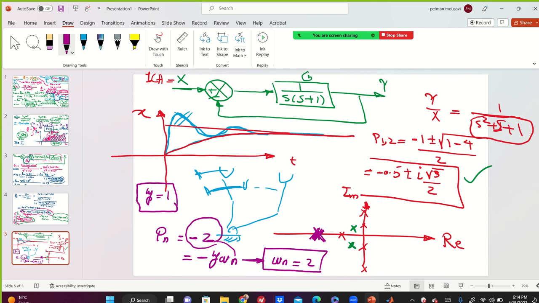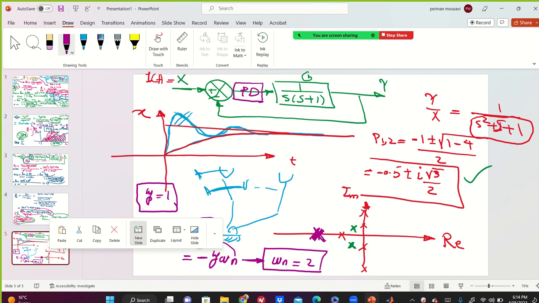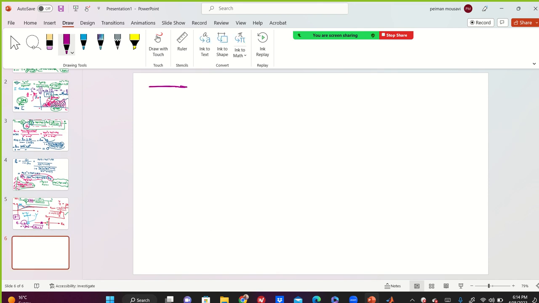Good. So now, let's do that together. I'm going to add the PD controller here, to change the underdamped system to a critically damped system. Let's do that. You have a PD controller, KP plus KD s. Why a PD controller?